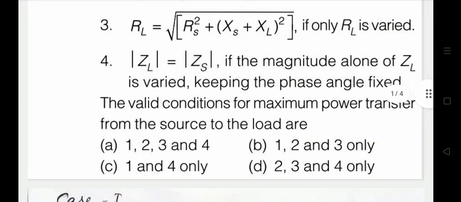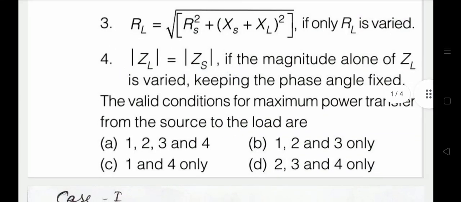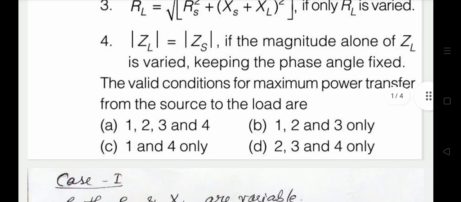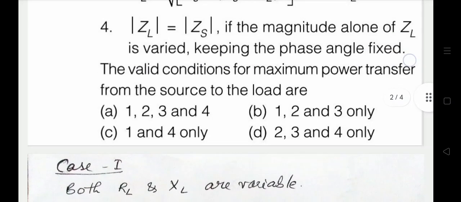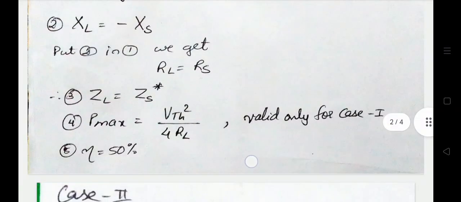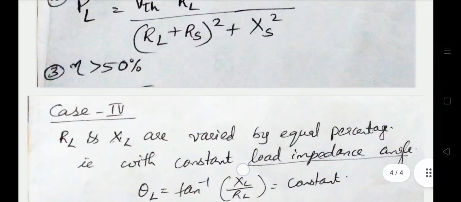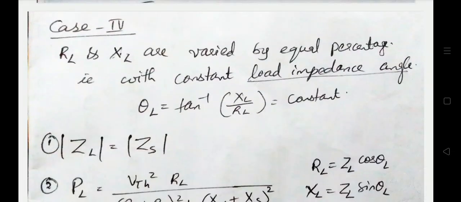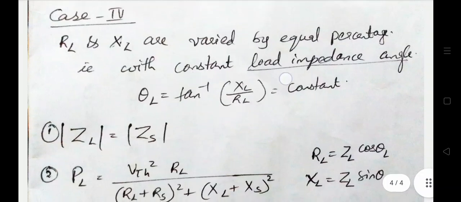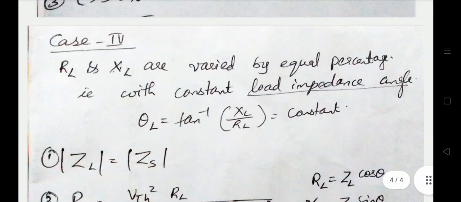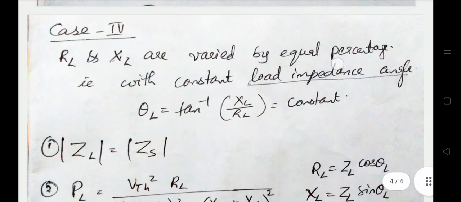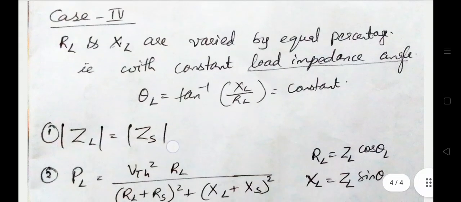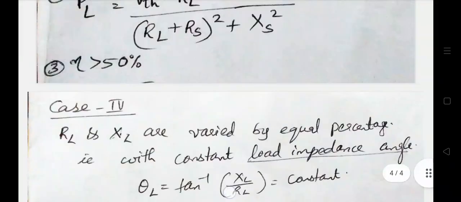Now let's see, is mod ZL equal to mod ZS if the magnitude alone of ZL is varied, keeping the phase angle fixed. This is case 4. In case 4, we learned that the load impedance angle is constant, fixed, and XL and RL are varied in equal percentage. Here what we learned is mod ZL equal to mod ZS.